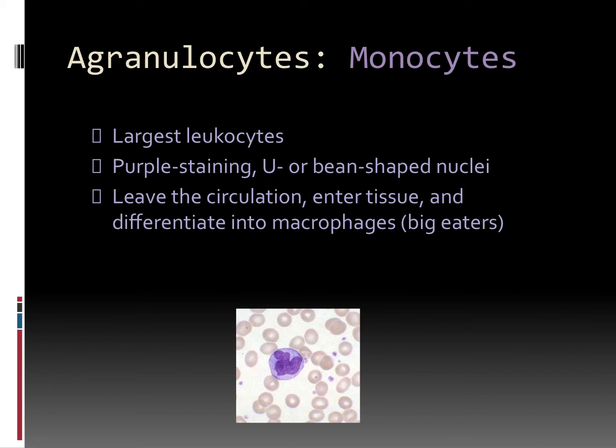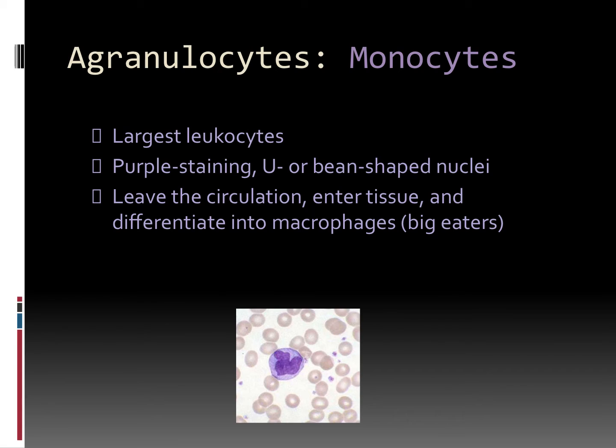The other type of agranulocyte is the monocyte. And you probably know monocytes from their other name, which are macrophages. So monocytes are the biggest leukocyte. Just like physically, they're the largest. They stain purple as the other leukocytes do, but they have a fairly specific shaped nucleus.